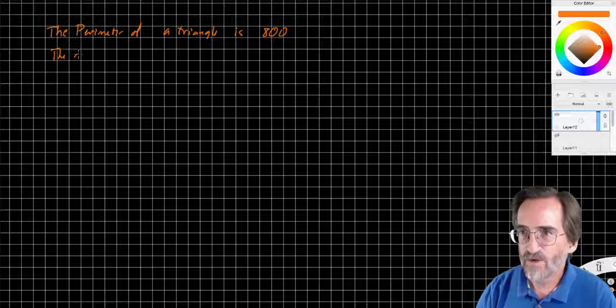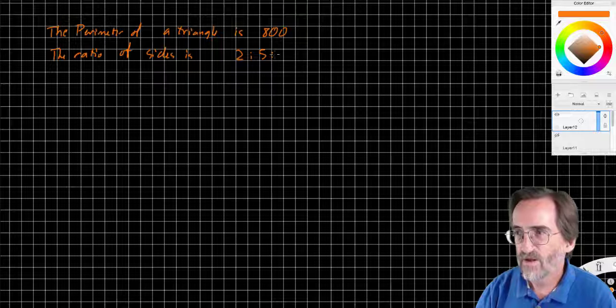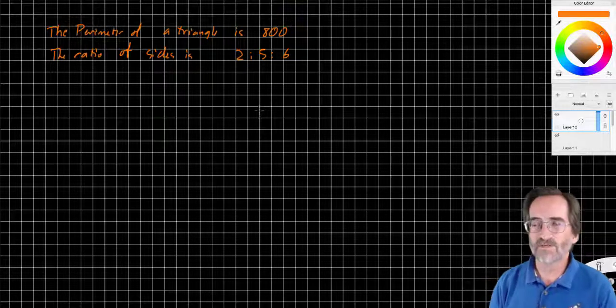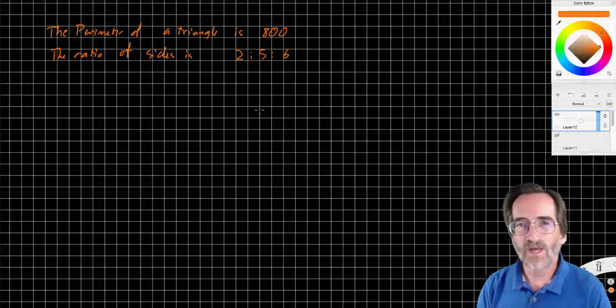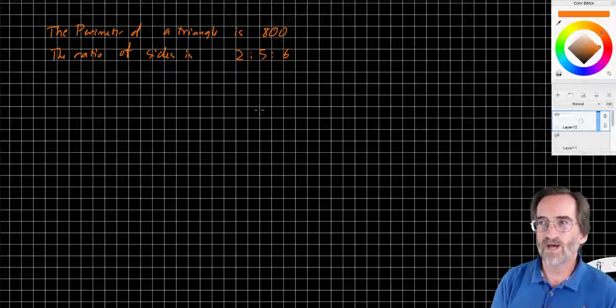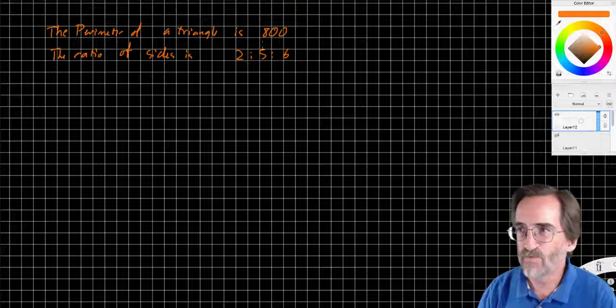The ratio of sides is 2 to 5 to 6. Got to make sure that works. You can't have any two sides add up to less than the third side, otherwise that wouldn't work.